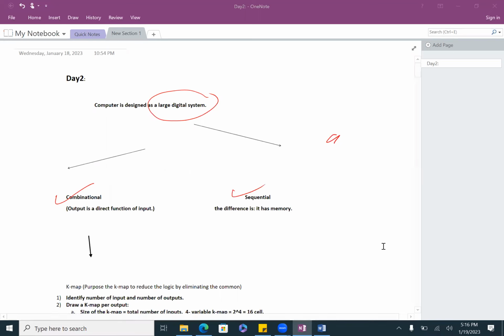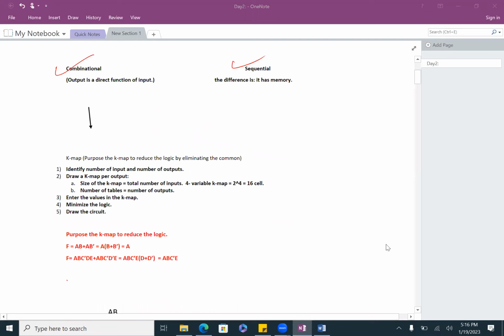So for combinational circuits, how many methods can we use to do a design? We said there is a limitation. So we say we can use K-map if the number of inputs is less than or equal to 6. Why? What's the reason?